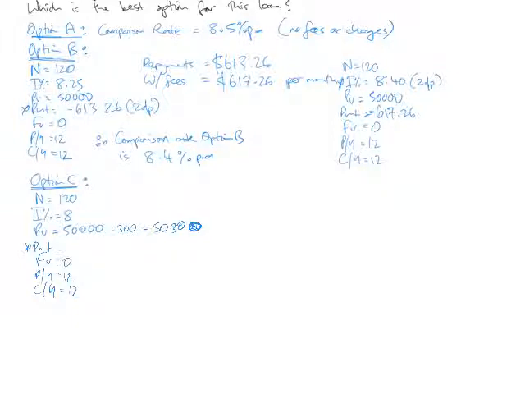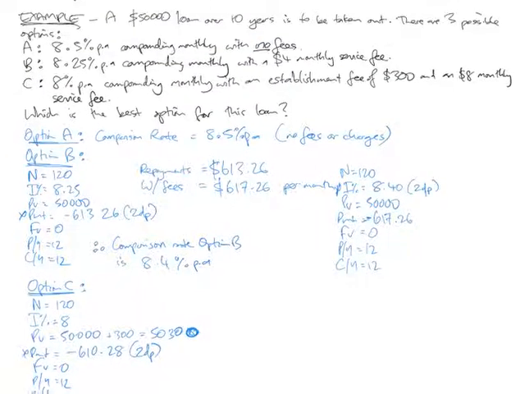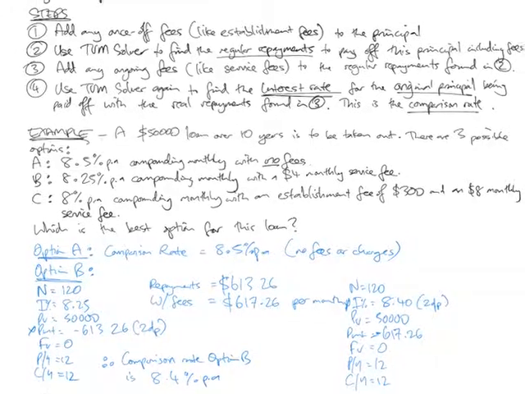So put that into the calculator. That comes to $610.28, so 2 decimal points. So those are the repayments. That gives you step 2 of the steps.